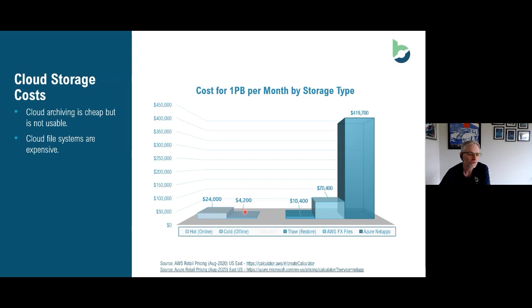When you need to use the data, typically you need to copy it into a file system. So comparing a couple of different file systems, and this represents what you typically have in your on-prem environment, in the cloud these file systems become up to 20 times more expensive than the blob storage or the object storage that you're using.